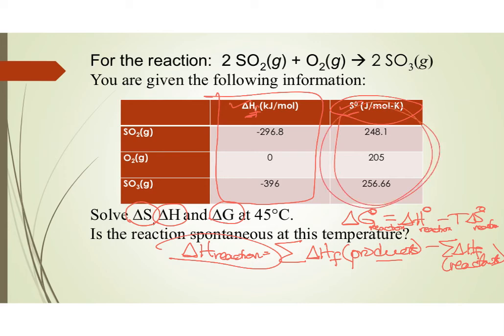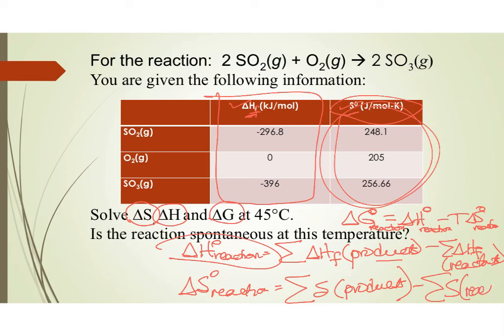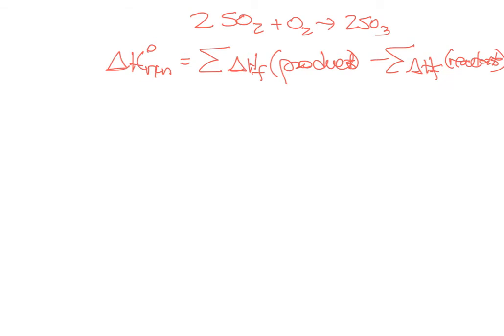Similarly, delta S of reaction is the sum of entropy of products minus the sum of entropy of reactants. Once you have calculated both of these values, you can then use delta G equals delta H minus T delta S. Alrighty.